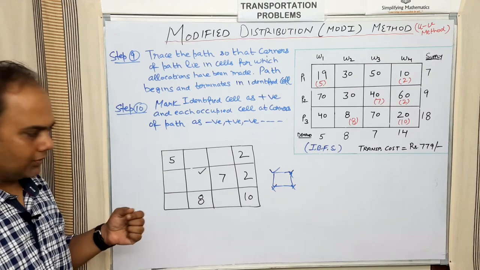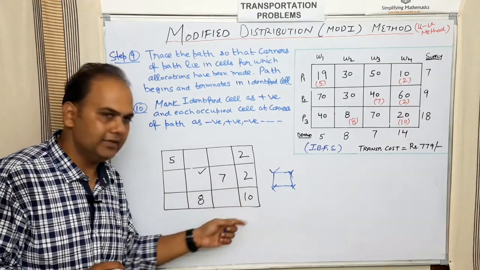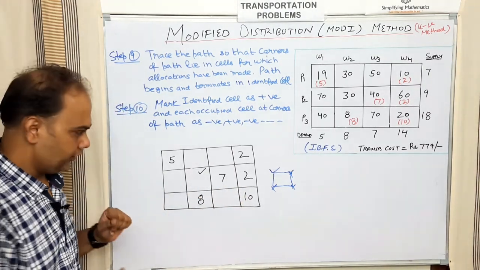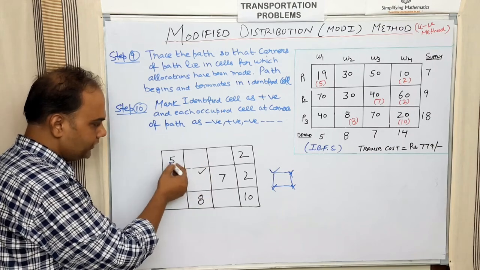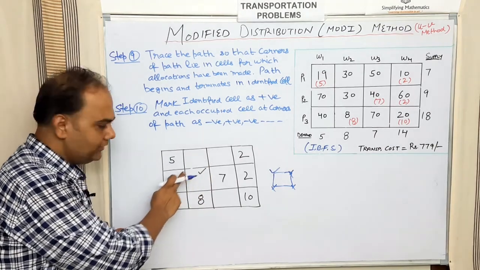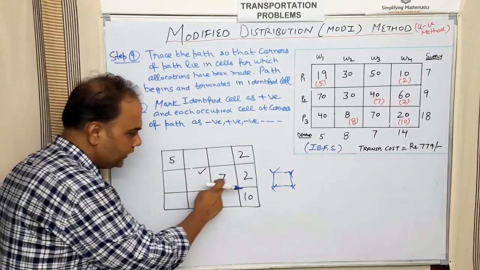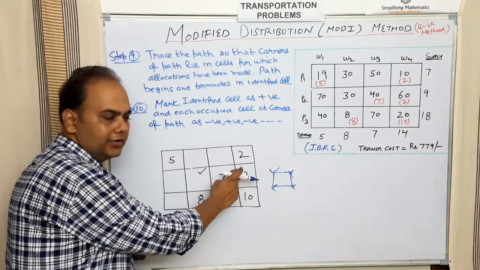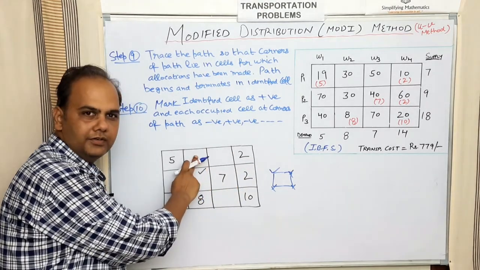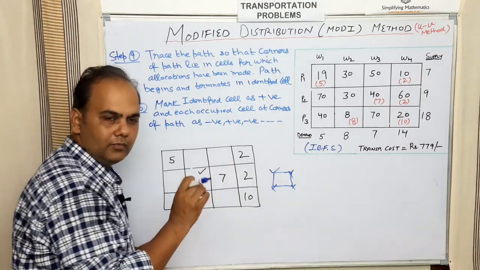So which path will it be, the path on whose corners we will get these allocations? So if you go up like this, there is no allocation here, nor here. If you move like this, there is an allocation here, and here, but the allocation is not there, so therefore this is not possible.